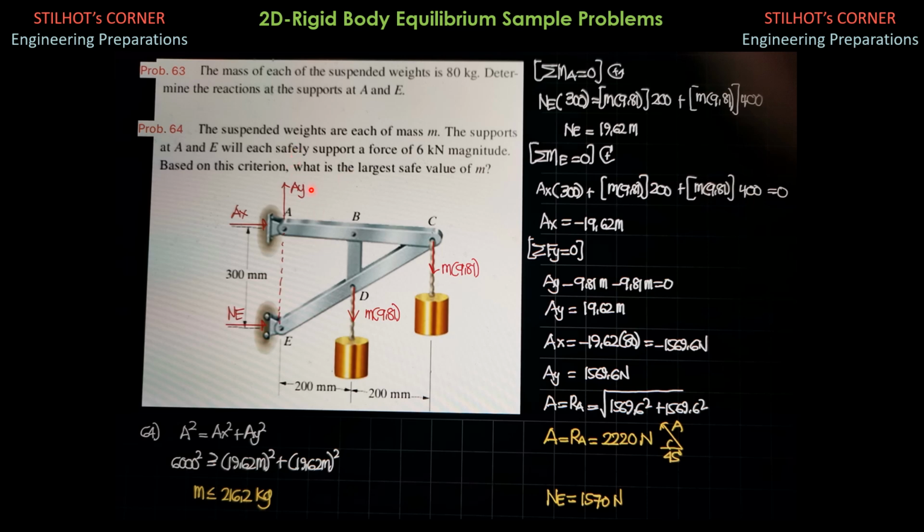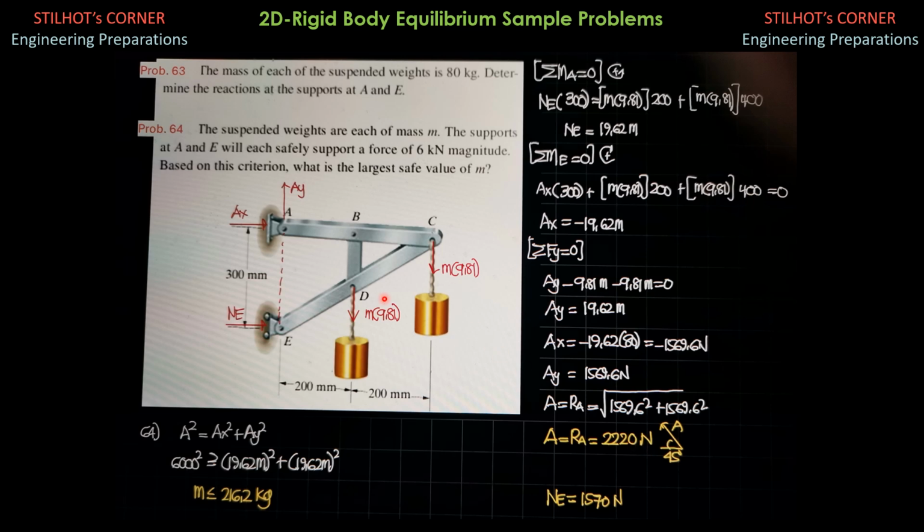So for safety purposes, A is more critical than E, because the reaction at A is greater compared to the normal reaction at E, which is only 1570. A is 2220 newtons.